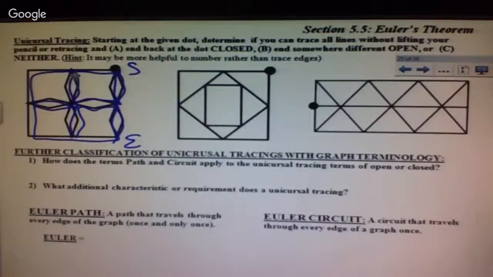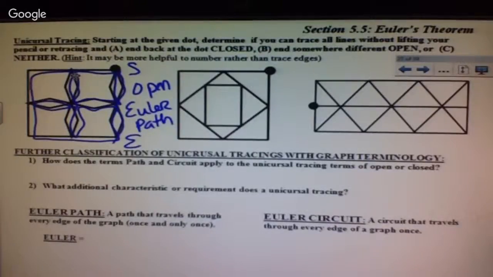So, in that case, this is called open, or in other words, an Euler path. Because remember, a path means I start at one point and I end at a different point. What makes it Euler, though, is you have traced every line. When we just talk about a path, you don't have to touch every line. If it's an Euler path, you have to touch every line once and only once. Okay?